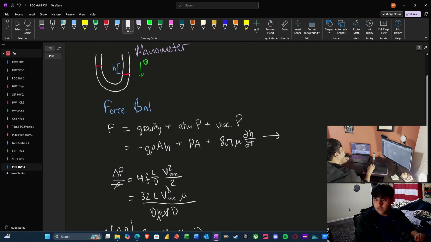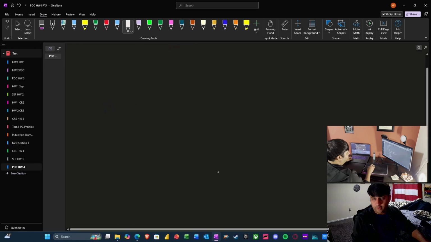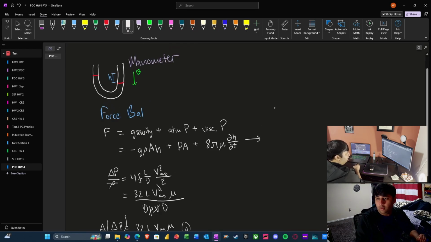And our force balance equation will then be further expanded, where our F component is our rho times A times d squared H over dt squared, which equals negative g rho A H plus P A plus our 8 pi mu dH over dt.